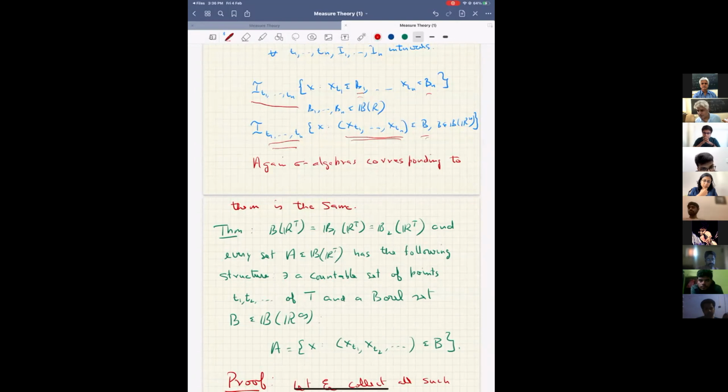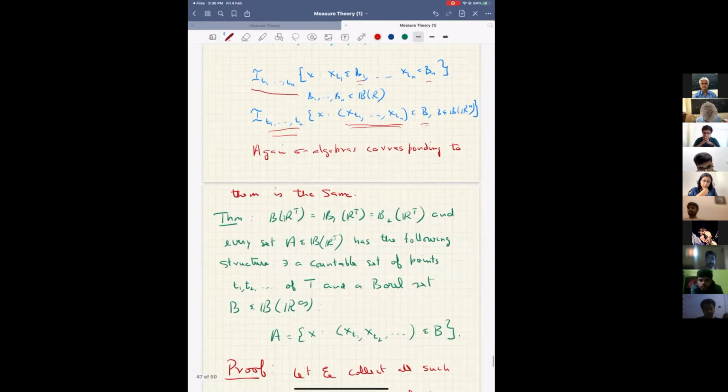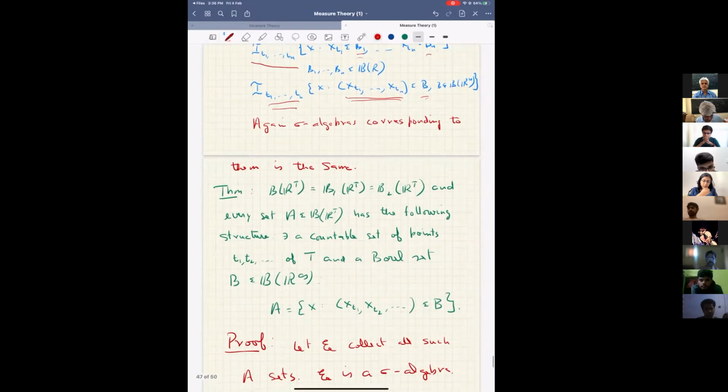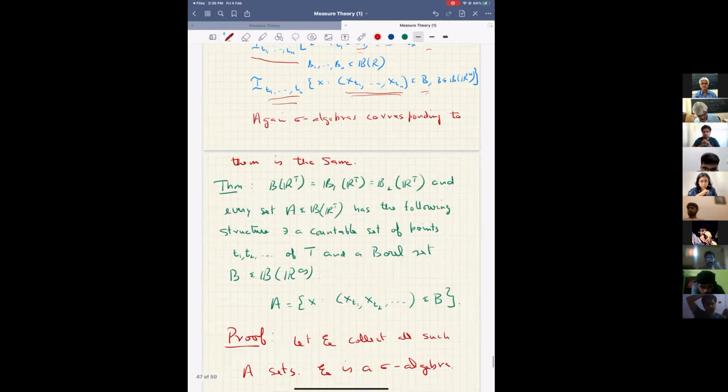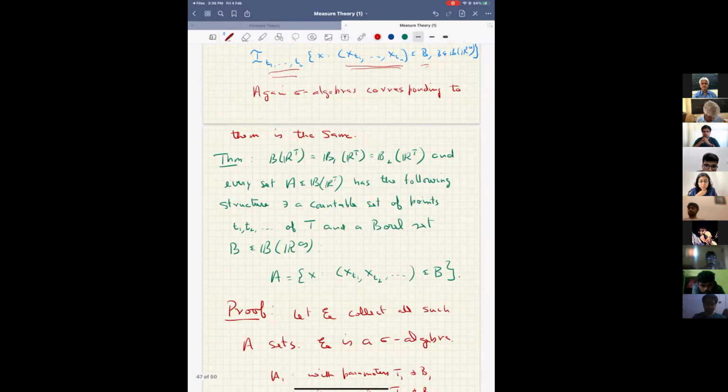But what's interesting is as follows, and you have to absorb this. Every set A in B(R^T) has the following structure. There exists a countable set of points T1, T2, and so on in big T, and a Borel set B in B(R^infinity), so that I can actually characterize each and every set in all these three Borel sigma algebras.